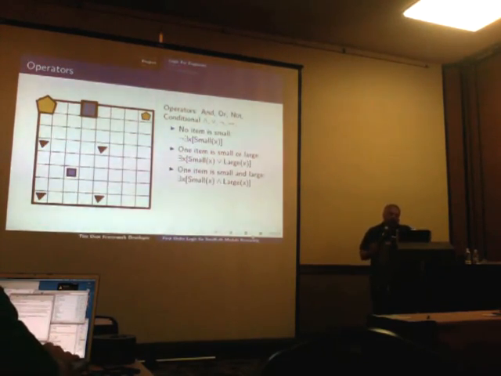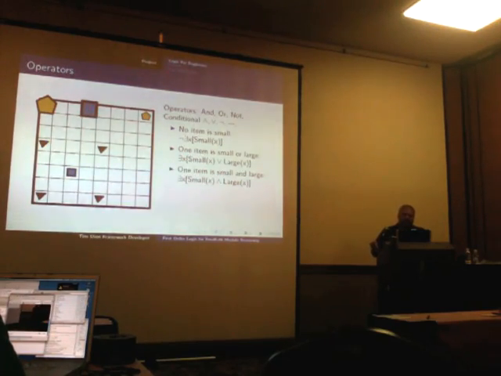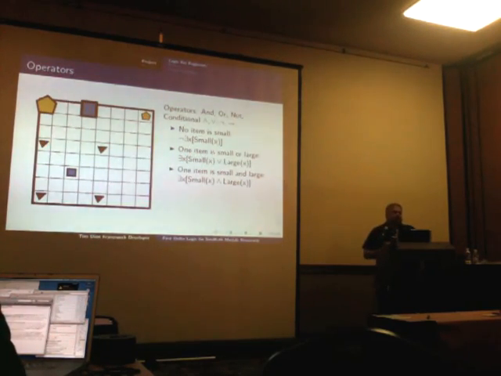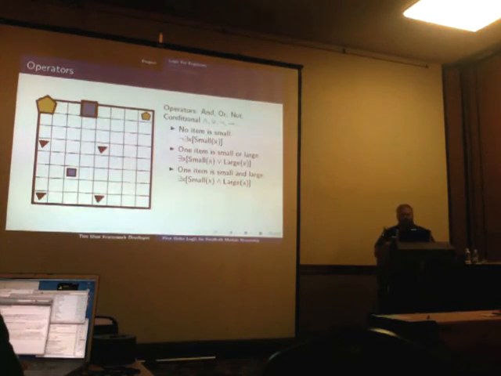At least one item is small and large. Now, that sounds like a contradiction. It turns out in this world, it is a contradiction, but it's actually a valid thing to say. It's just unsound. So you can imagine worlds like Lewis Carroll did, where you have things that are small and large.